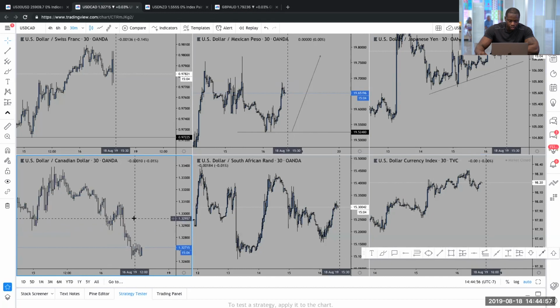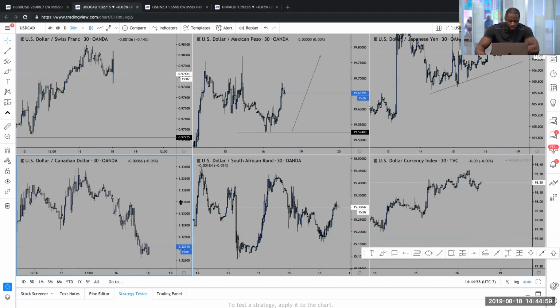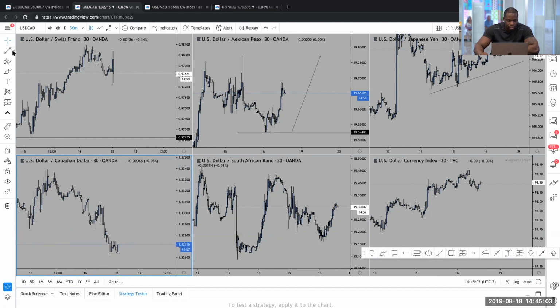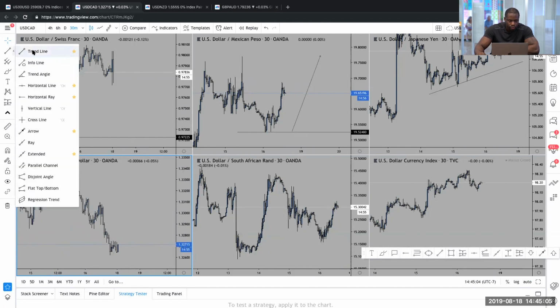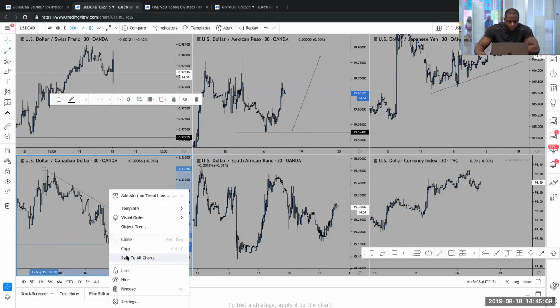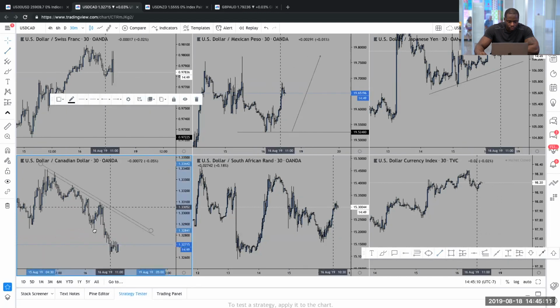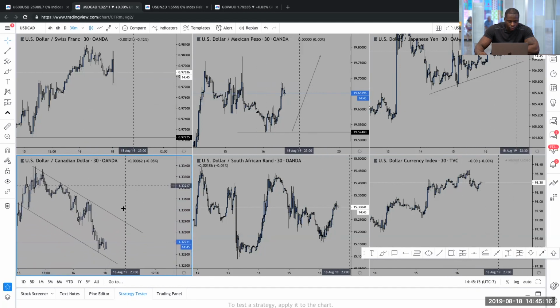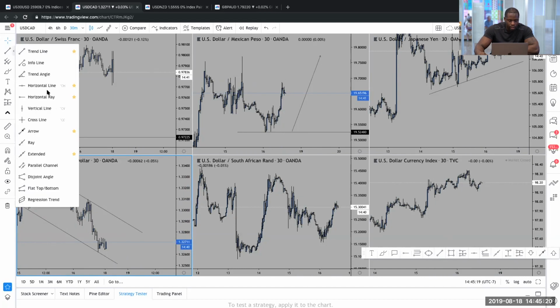So we could see this continuously going up, since it looks like it's already done its correction. On this previous resistance, that became support.